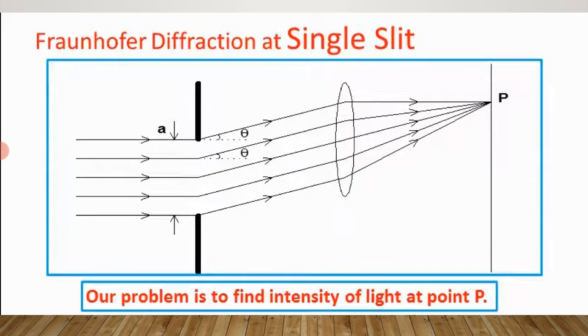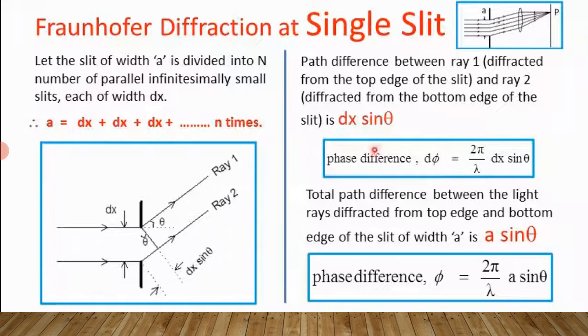When these secondary rays travel with a deviation angle theta and focus at point P and P dash on the screen, the intensity at P and P dash depends on the path difference between the first and last secondary rays reaching the point. Let the slit of width A be divided into n number of parallel infinitesimally small slits, each of width dx.